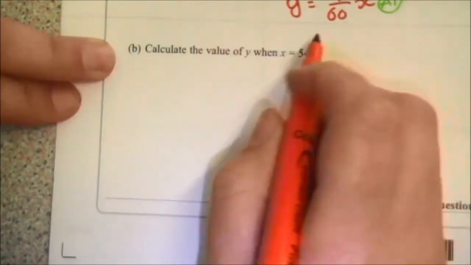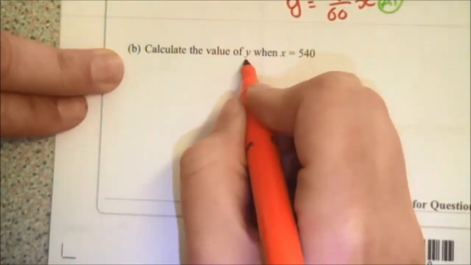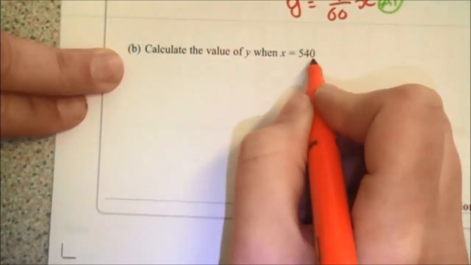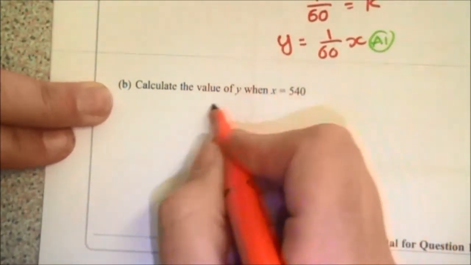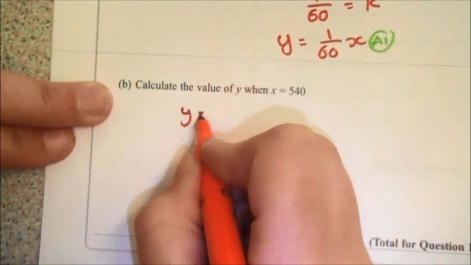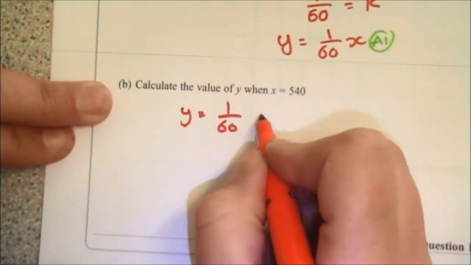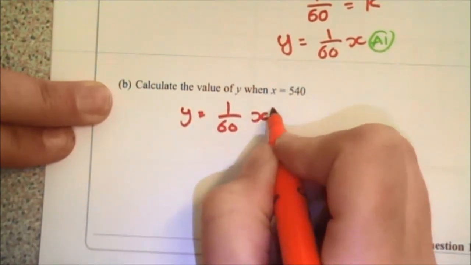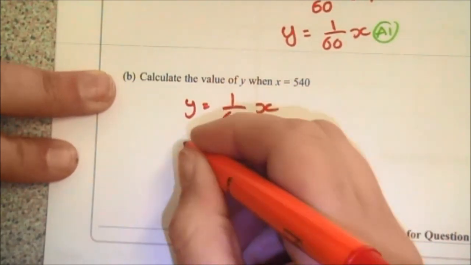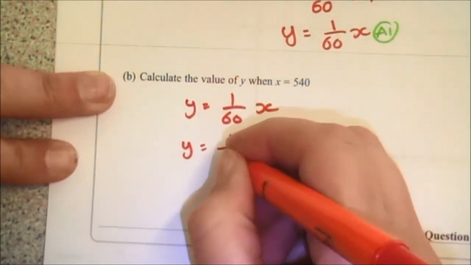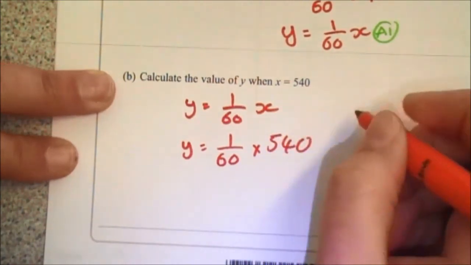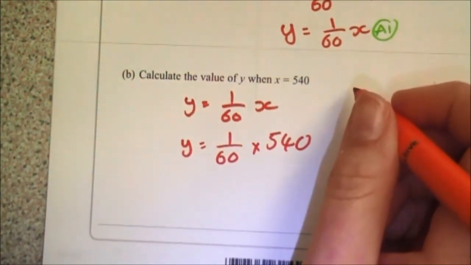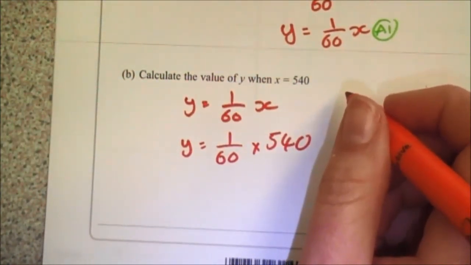Part B is a 1 marker and it uses your answer from above. It says calculate the value of y when x is 540. So this is just a straightforward substitution question. Now from above we know that y is equal to 1/60th of x. So if x is 540, y would be 1/60 multiplied by 540. Now, if I've got 1/60 set in my calculator, that's great.